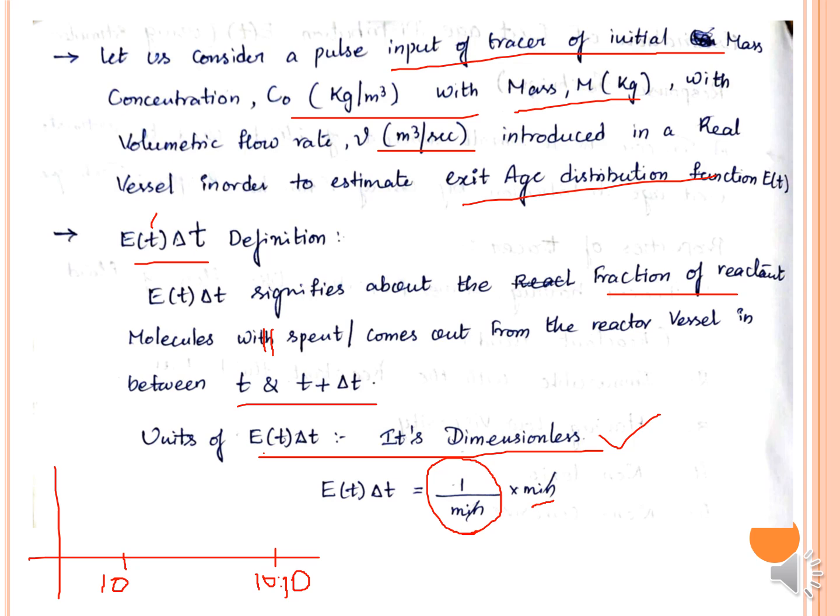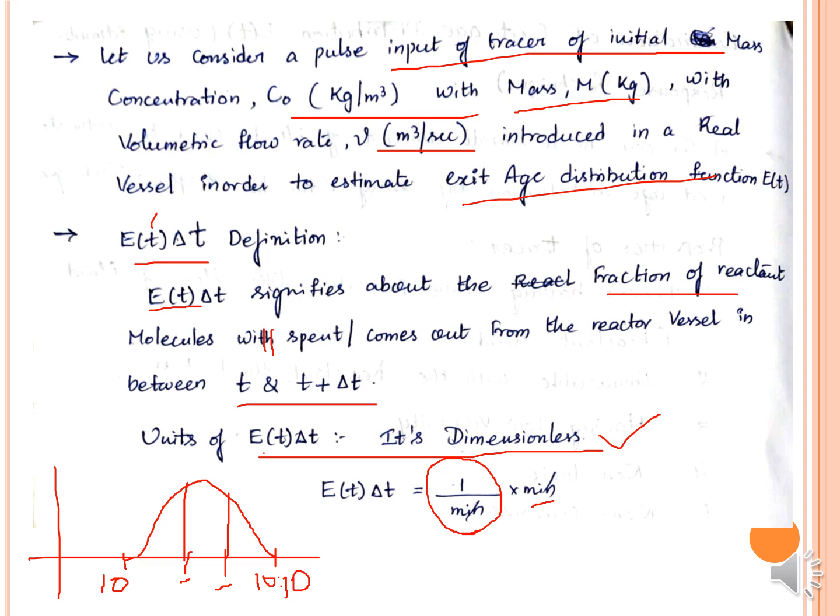What this t and E of t delta t indicate is the fraction of the molecules. For example, I want to know the total fraction of molecules that comes out between 10:15 and 10:20. Within those 5 minutes, the fraction of reactant material that comes out from the reactor is given by the area under the curve. This is called E of t delta t.